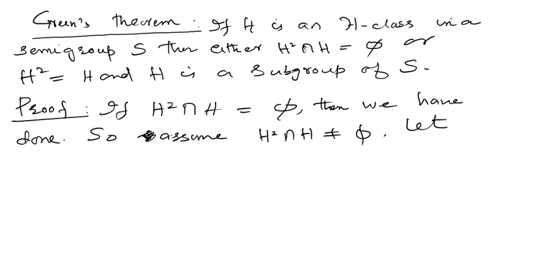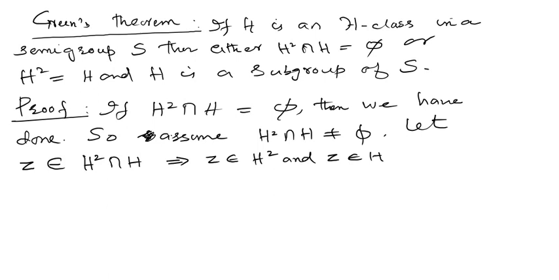Let x be in the intersection, or let's choose z, maybe we use x in future. So z belongs to the intersection, and this implies z belongs to H square and z belongs to H. So z in H square means that z is a product of two elements.